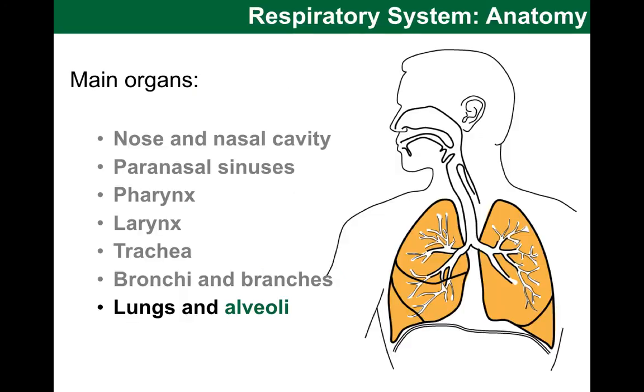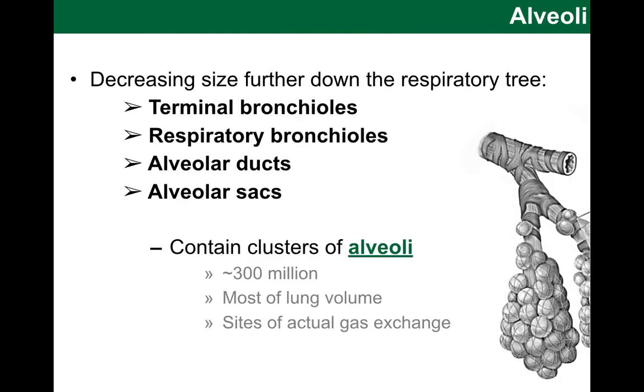And the very last thing that we will talk about in this video is at the very end of the bronchial tree. As we move down the bronchial tree to smaller structures, at the very end we have something called alveolar sacs. These are made of clusters of alveoli.